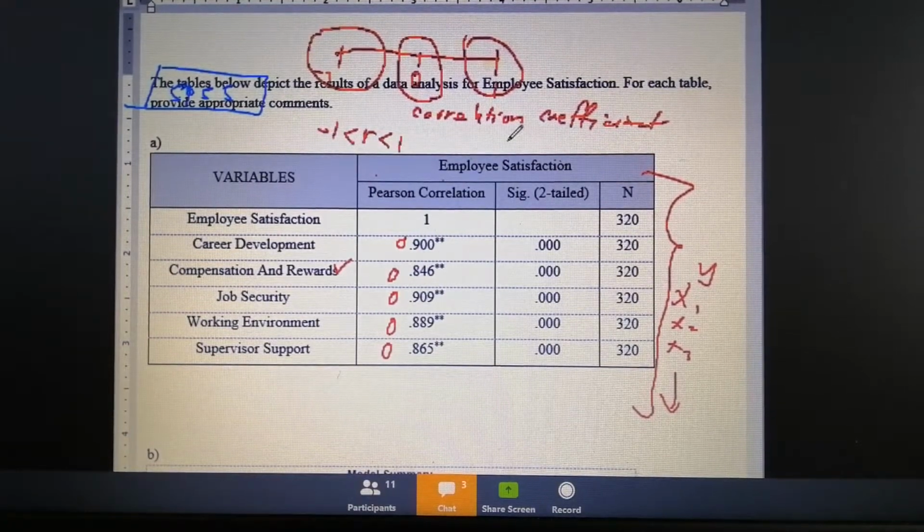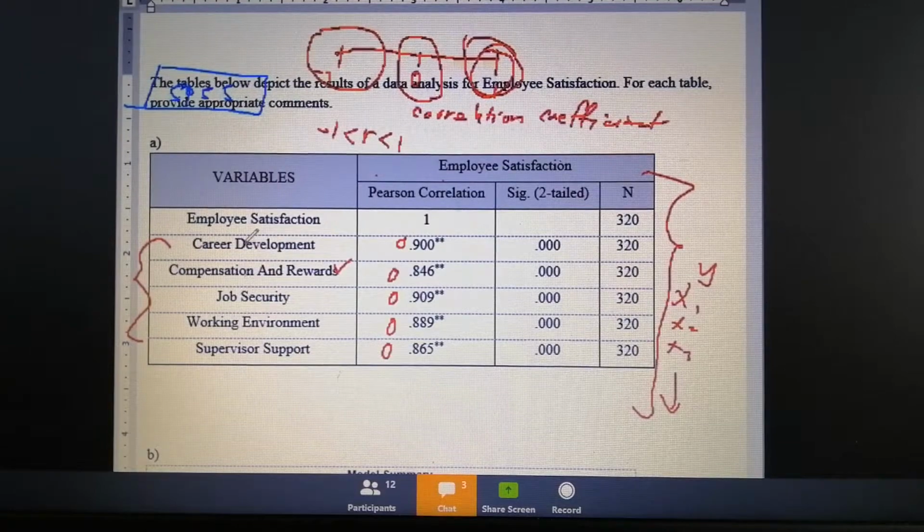So these are all closer to a strong positive relationship. So you can say that the independent variables are all strongly related to employee satisfaction.